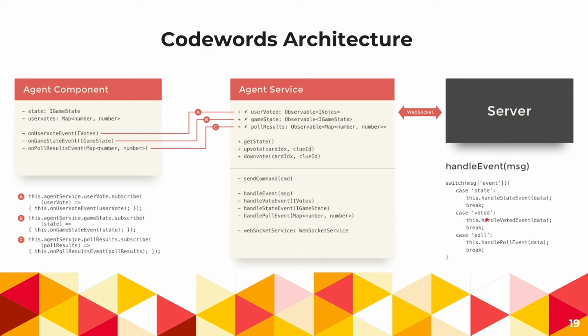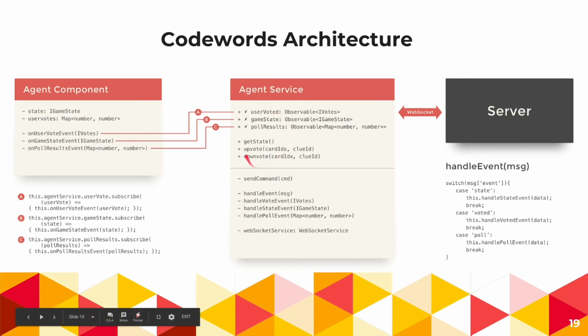Voted events, which are when you click on the card, it's the acknowledgement that the server sends back to you to say, yes, I've received your vote, it's been registered, you can rest easy. And then you've got poll events. Poll events are, as you were watching the screen as the poll was running and the bars were coming up and down, the poll event sends the current number of votes that a card has received.